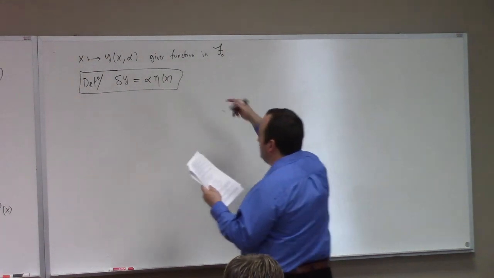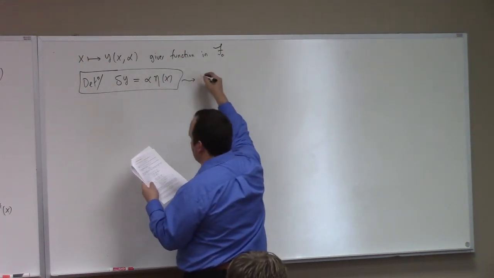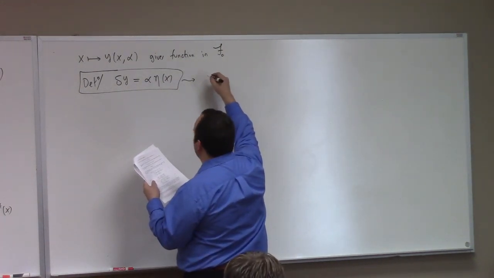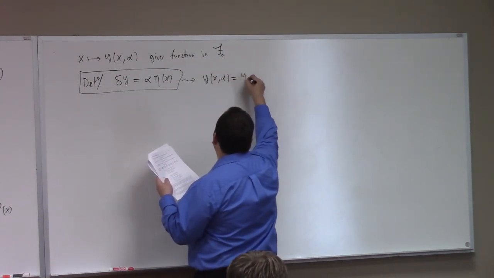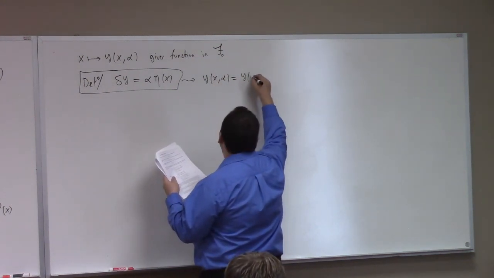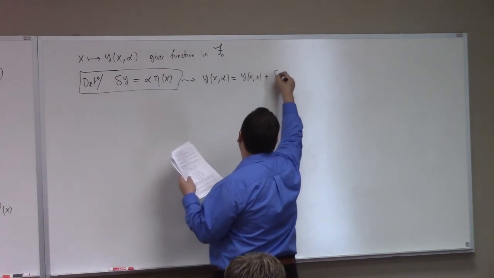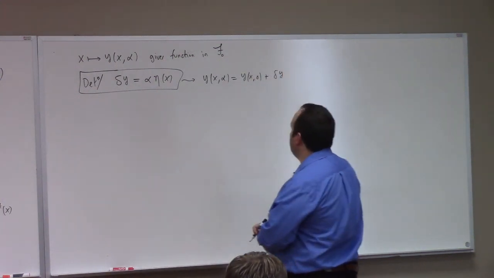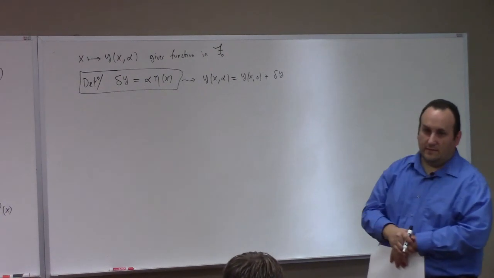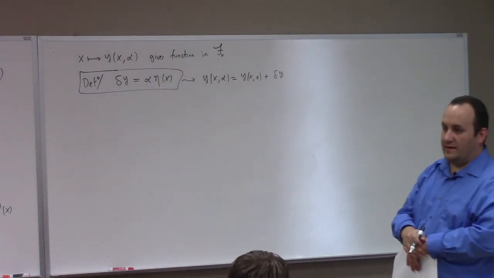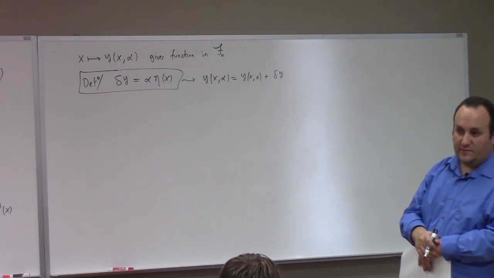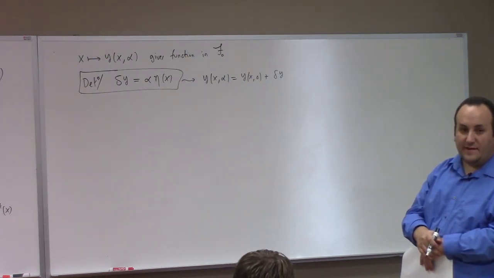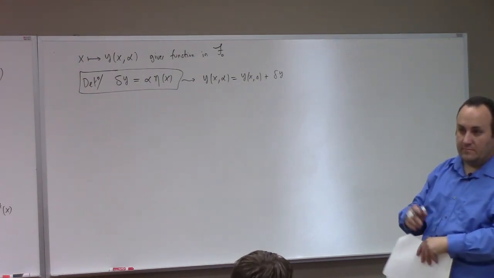So with this notation, essentially at this point it's just notation, we have y of x comma alpha equal to y of x comma 0 plus delta y, right? So we take our given path in the space of admissible solutions, and we consider a variation about that path, right?